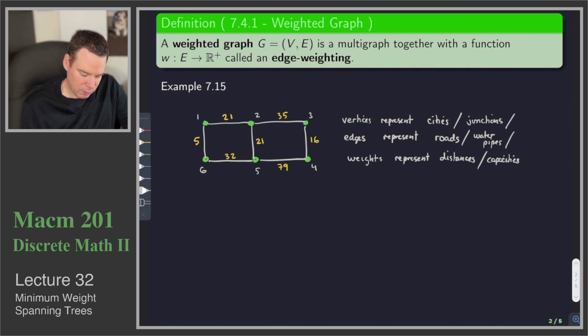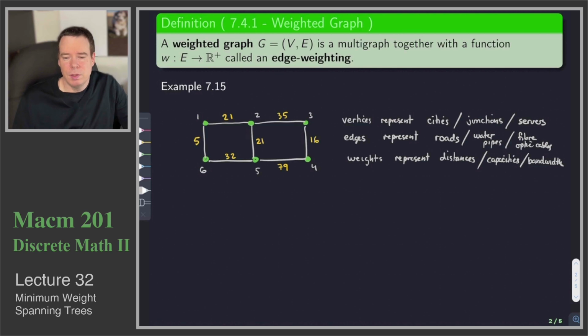Alternatively, we can think of the vertices as servers, and the edges could be fiber optic cables, and the weightings could be bandwidth. And so those are just a few examples of why we may be interested in weighted graphs.